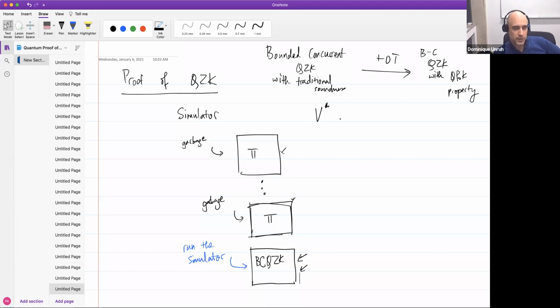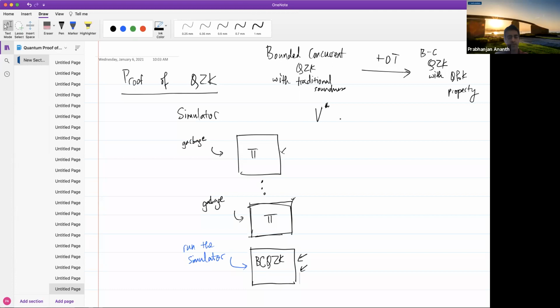Now it's independent of the witness, and now you replace all your inputs by garbage, which is indistinguishable by the property of the OT. So at first glance, it would seem that there's no problem. So where is the problem?